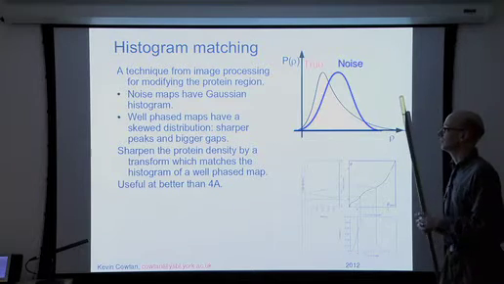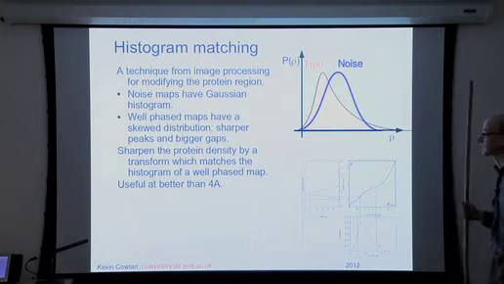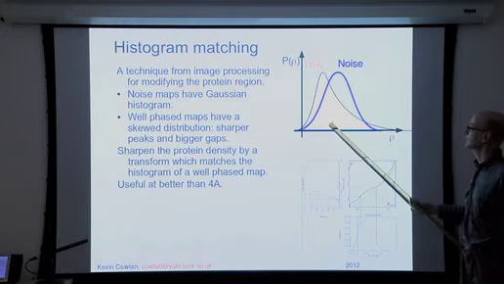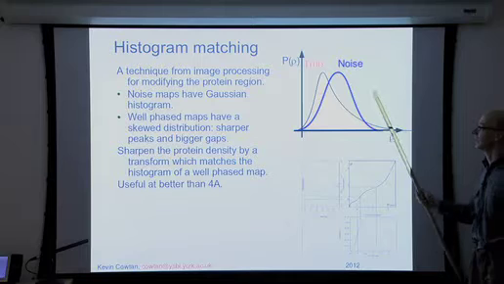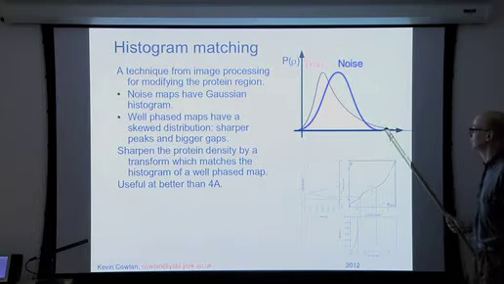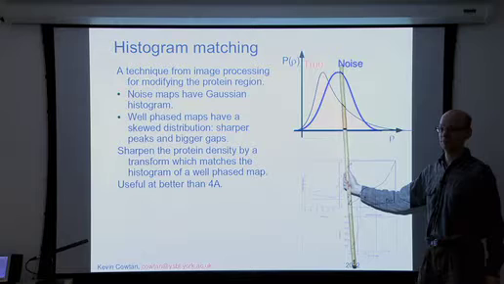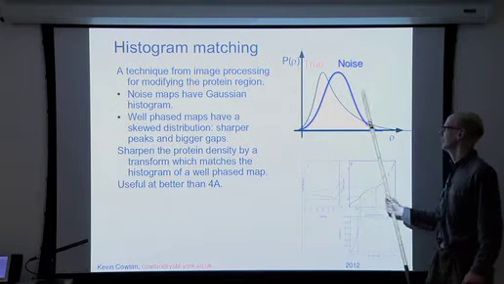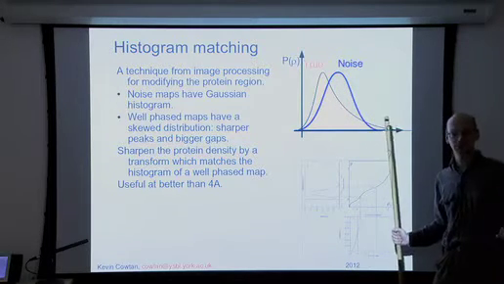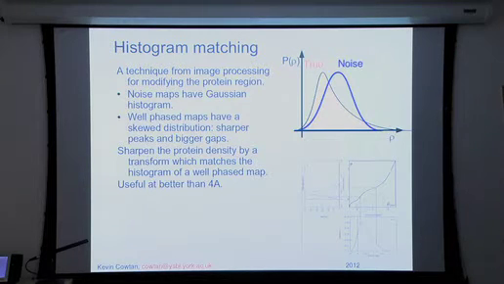There's a technique from image processing called histogram matching. This is based on the observation that noise maps with random phases have a Gaussian histogram. You have a mean value of the electron density, which is the most common value in the map, and you have decreasing proportions of more extreme values at the high and low end.